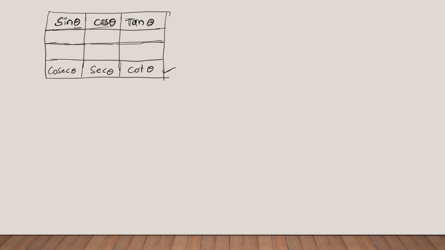Sin theta is nothing but opposite side to theta by hypotenuse. Next, cos theta is nothing but adjacent side to theta by hypotenuse. Next, tan theta is nothing but opposite side to theta by adjacent side to theta.